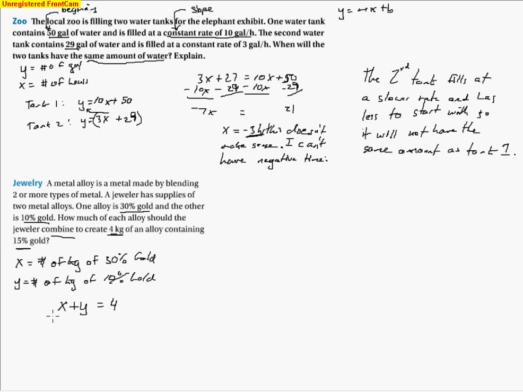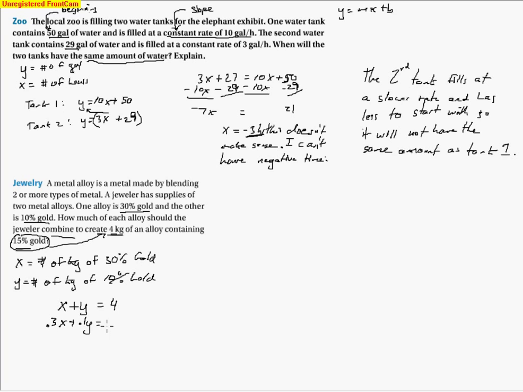Now the next one's going to be parts. This is going to be the percentage of gold. So we have a 30% for x, so 0.3 times x, and then 10% for the y, so 0.1y equals, now we want one that is 15% gold. That's what we want the 4 kilograms to be.